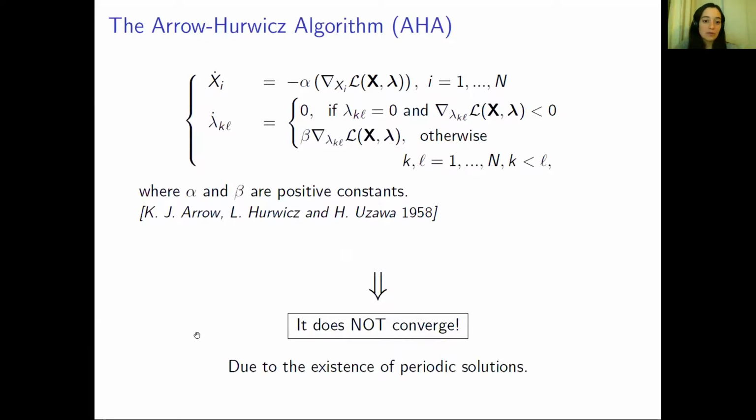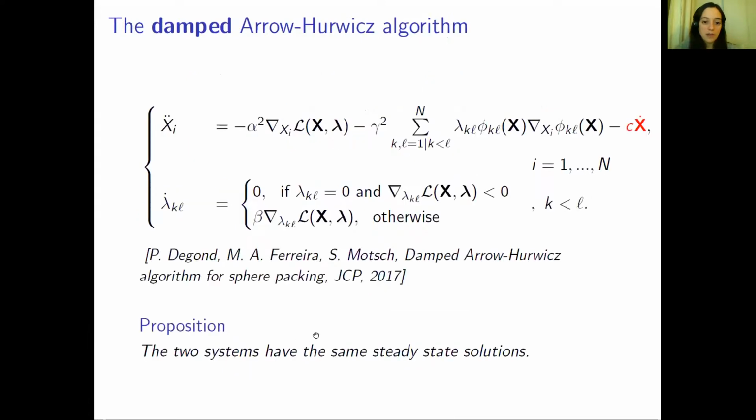And to solve this problem, so we found this was a problem in our case, and what we did was to change the dynamics of the system in a way that we do not change the steady states, but we change the stability of the steady states so that they become asymptotically stable.